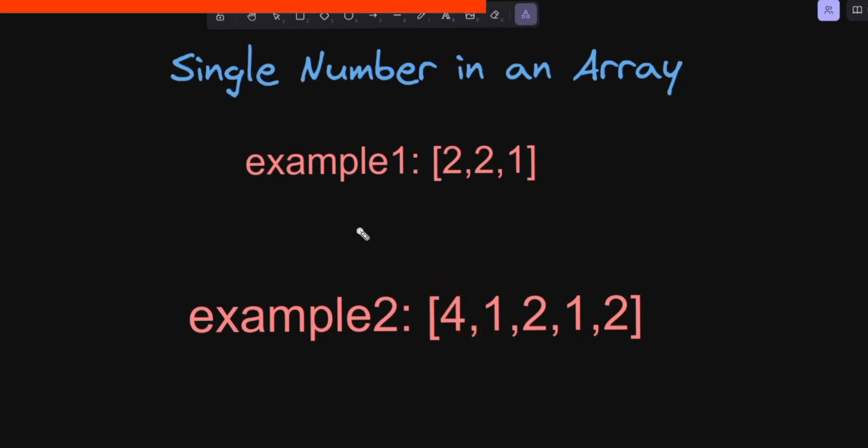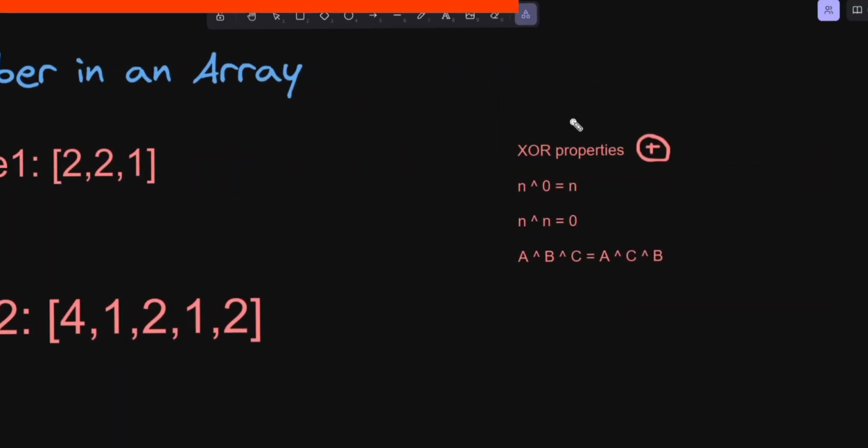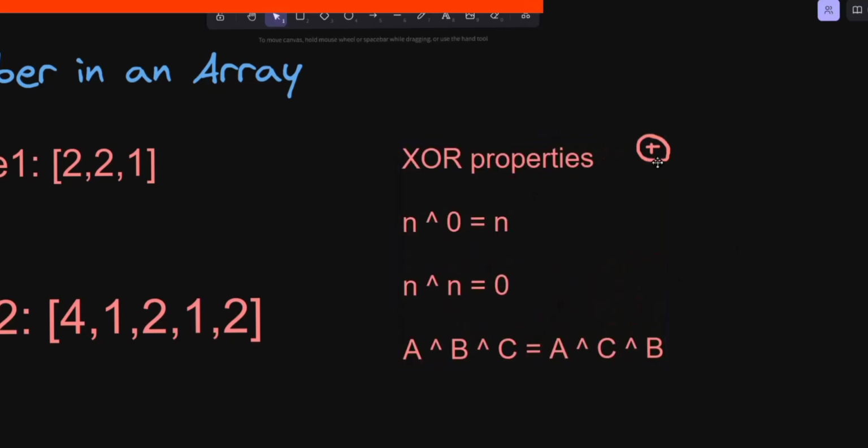Now how are we going to solve this problem? The most efficient way is a bitwise operator, and the operator we have to use is the XOR operator. If you don't know how XOR works, here are some of its properties. If a number is XORed with 0, then the same number will be returned.